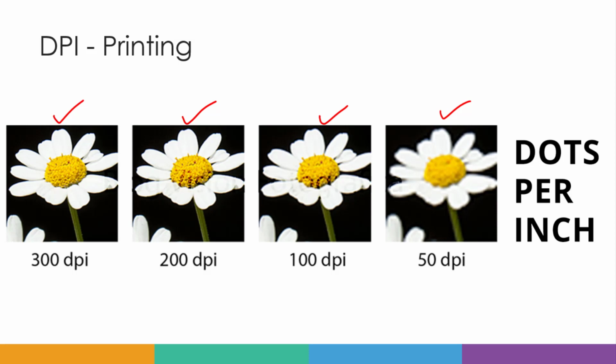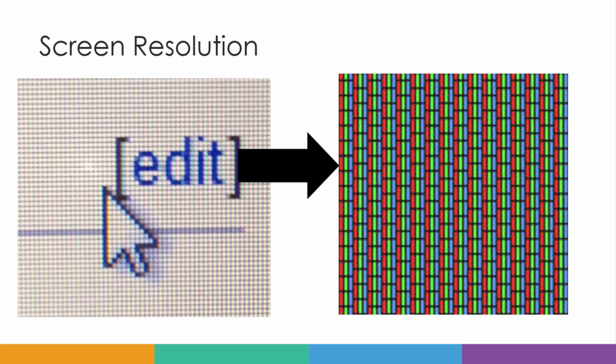This concept says that we can perceive an image as an image even if we are using some sample dots of the image for printing. The same is applicable in the case of screen resolution also. If we zoom into our screen, we can see that the screen is made up of different pixels. These pixels can be considered as samples of a particular scene.